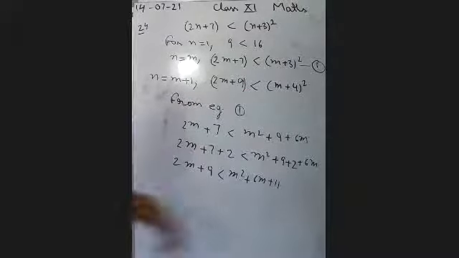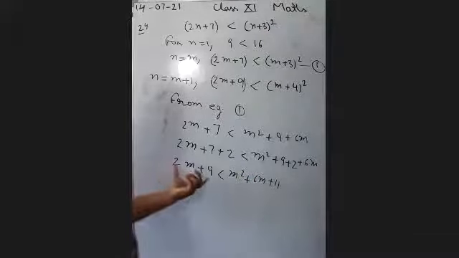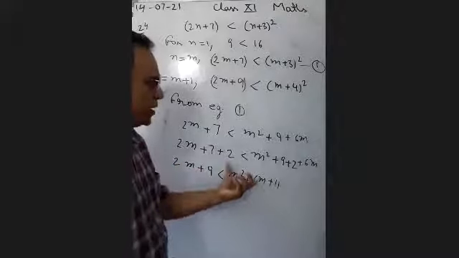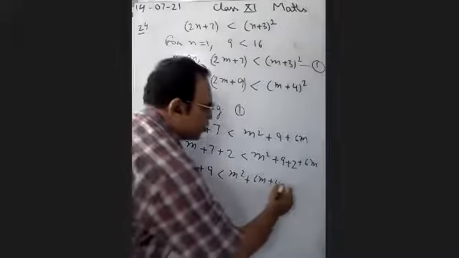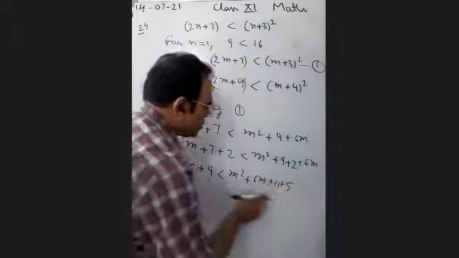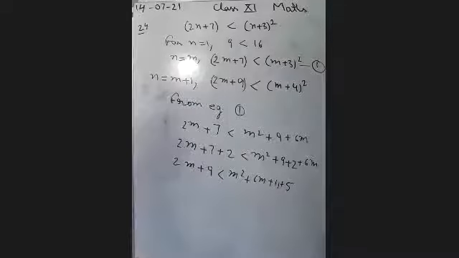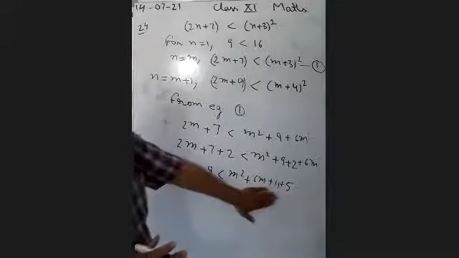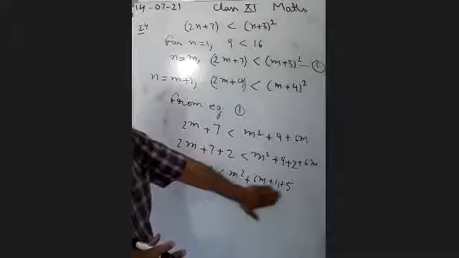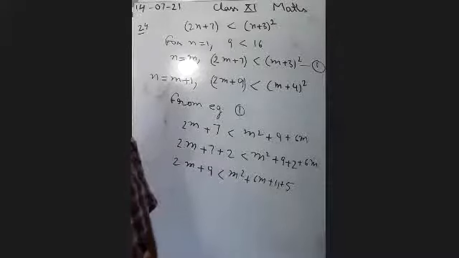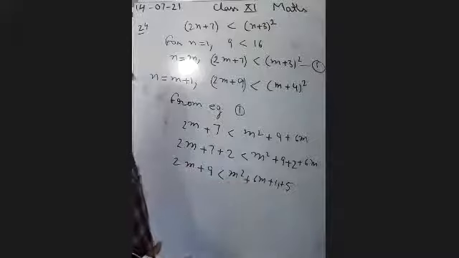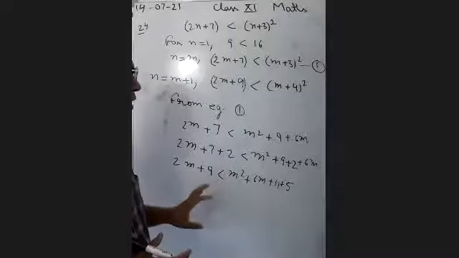But here we have 11. You are observing this is the less than part, and this is the greater than part. If we add something more, it will be even greater, but the inequality will not change.